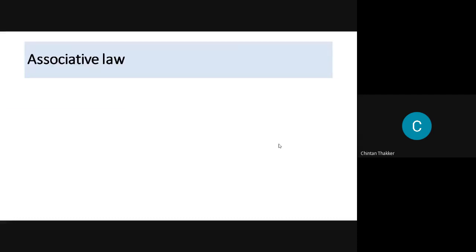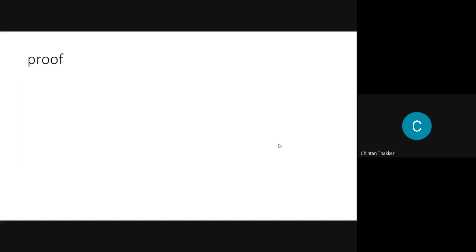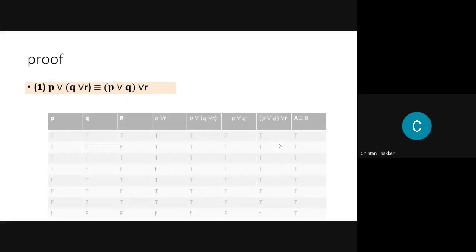Then we have the associative law. We have three statements P, Q, R. Then P or (Q or R) is equivalent to (P or Q) or R, and P and (Q and R) is equivalent to (P and Q) and R. To prove this theorem, again we use the truth table.